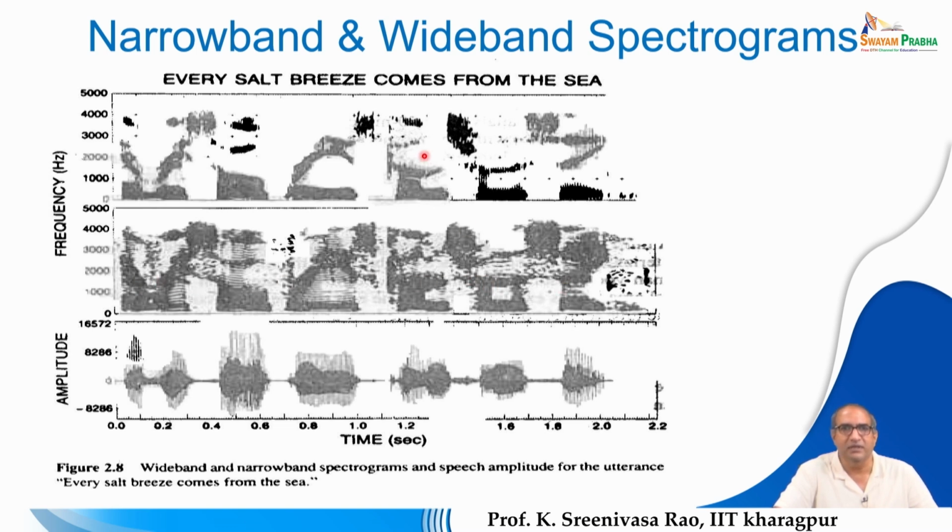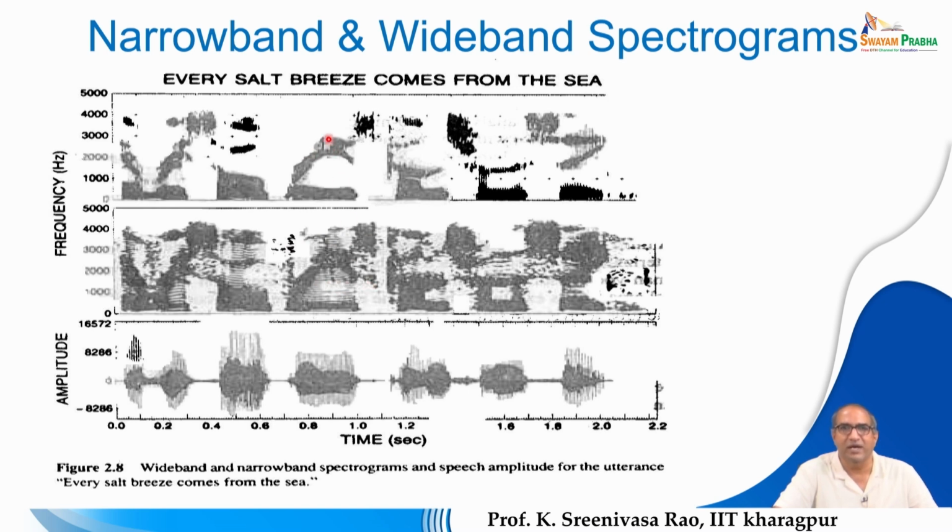Here there are two types of spectrograms. One is known as the wideband spectrogram and the other is the narrowband spectrogram. The top one is the wideband spectrogram and the bottom one is the narrowband spectrogram.